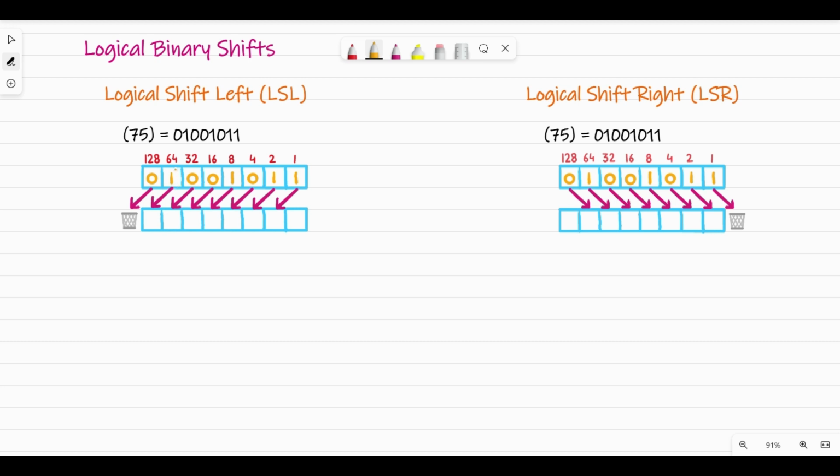So this 0 will be written in here. I'll start writing as I have already mentioned through arrows. So we got 1 0 1 0 1 1.